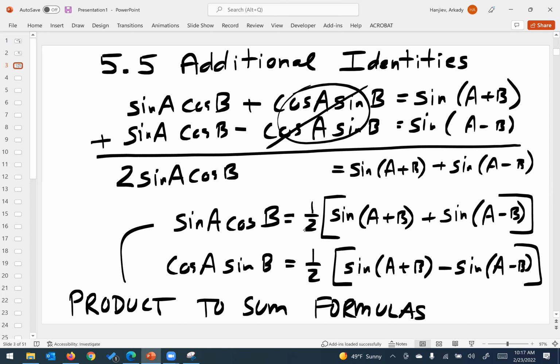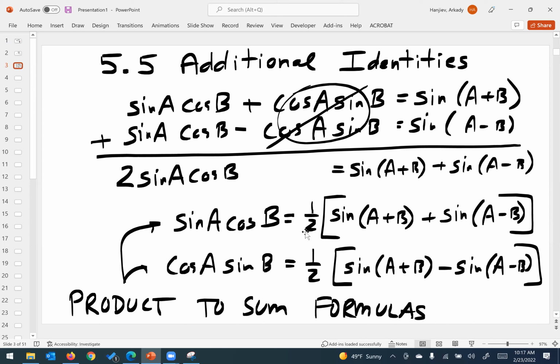We don't have one for sine and one for cosine, it's all the product to sum form. There are four of them. So that's the first two, and these are derived from the sine difference and sine sum formulas.